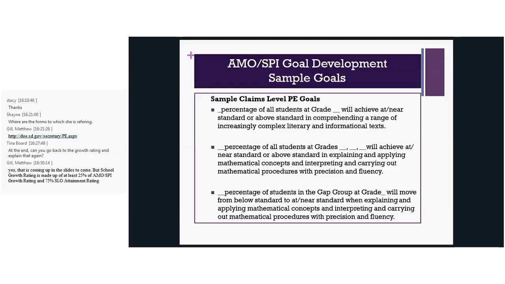Obviously, you could adjust that for math, and then the percentage is your choice. It doesn't have to be what the state has said you should be showing for growth. It could be a percentage you believe is reasonable.